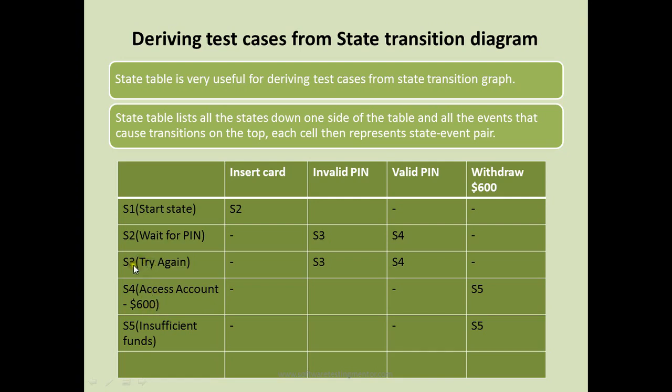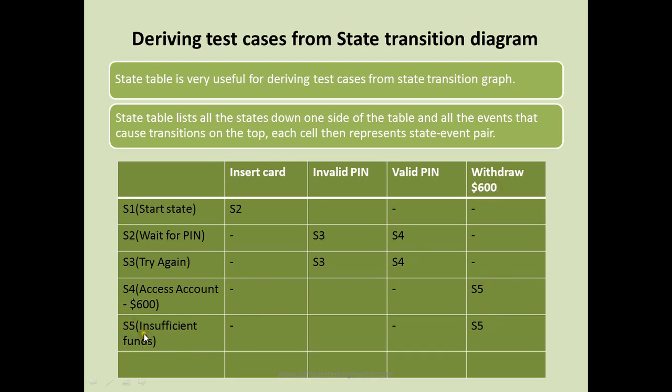Now if you are at state 3, if you enter invalid pin, it should remain at state 3. If you enter valid pin, you should get access to your account, state 4. Now if you are at state 4, you withdraw $600, you move to state 5, that is insufficient fund, because you just had $600.